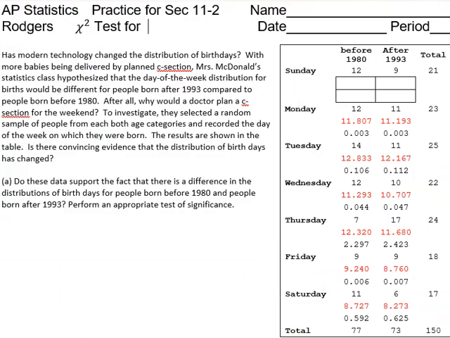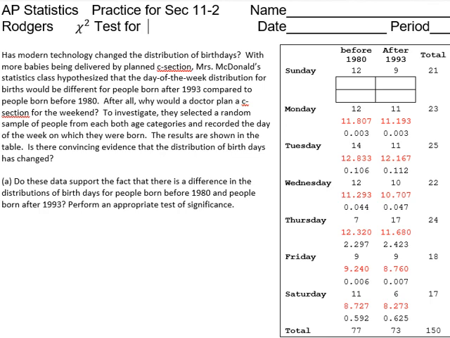Okay, so let's do an example of a chi-squared test for homogeneity. Has modern technology changed the distribution of birthdays? With more babies being delivered by planned C-section, Mrs. McDonald's statistics class hypothesized that the day of the week distribution for birth would be different for people born after 1993 compared to people born before 1980.